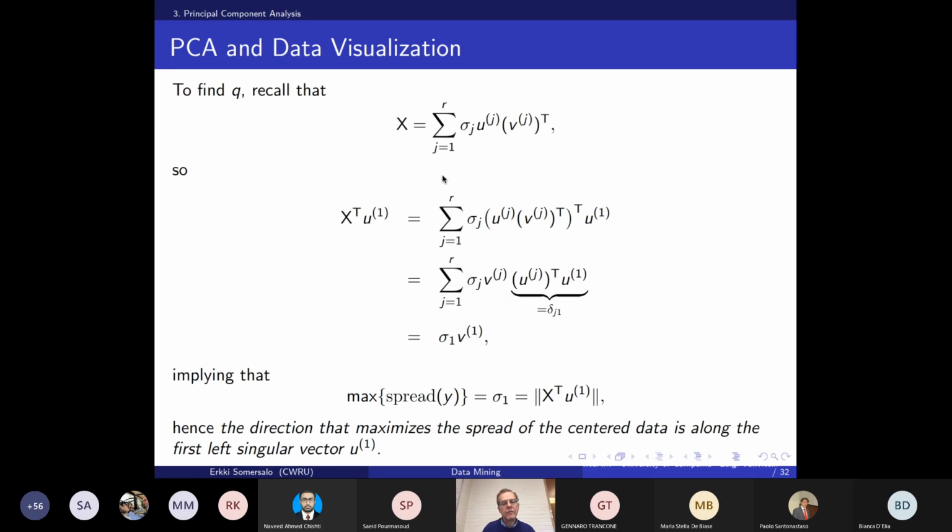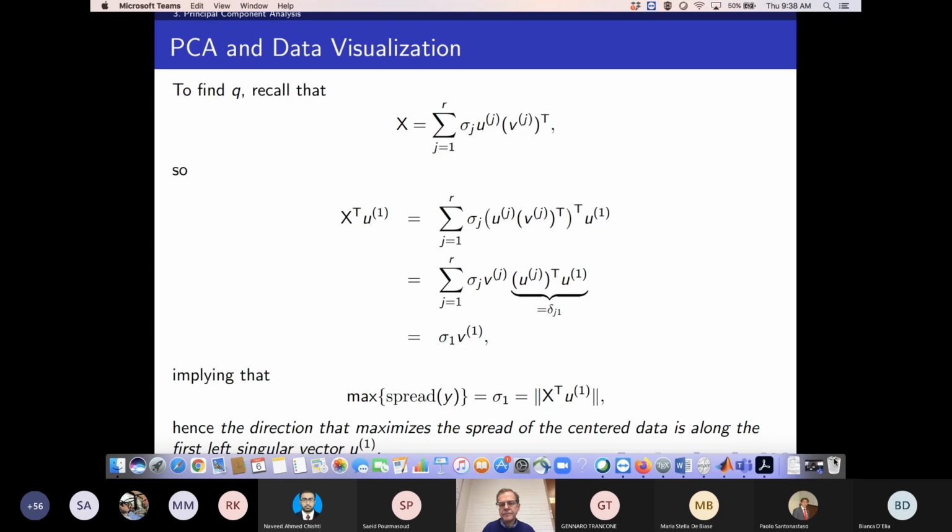But we also have all the information to do that. Namely, if x using the singular value decomposition is written as the sum of rank 1 matrices, then x transpose is easily obtained by transposing this vector outer product.